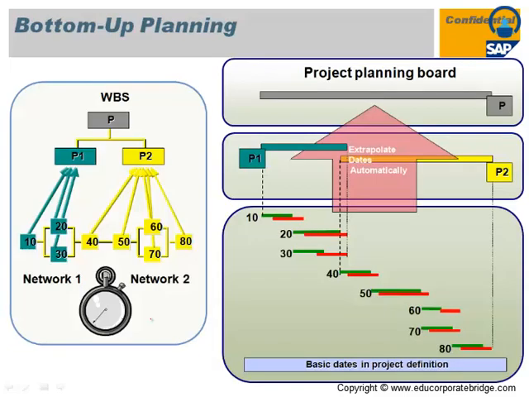You can find the buffer time and the critical path measures on your project planning board. What the critical activities are and what buffer times are available for completion of each activity, you can identify through the project planning board.